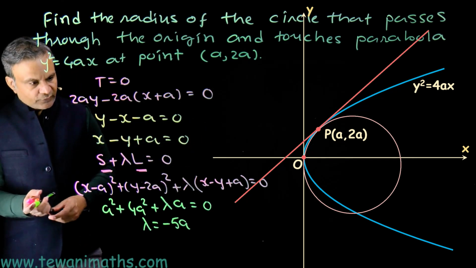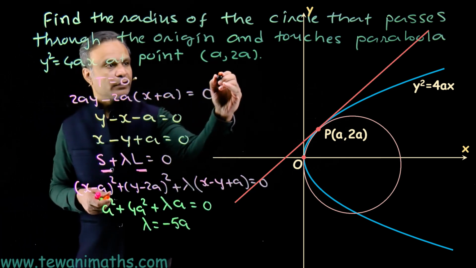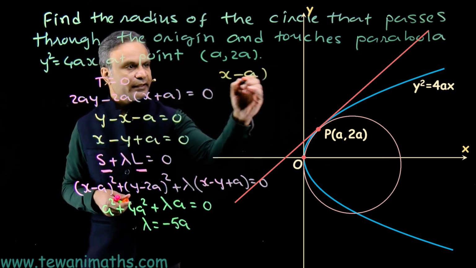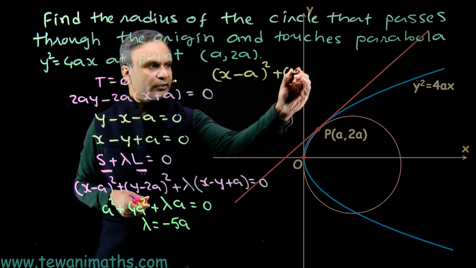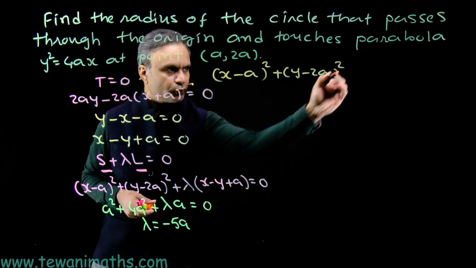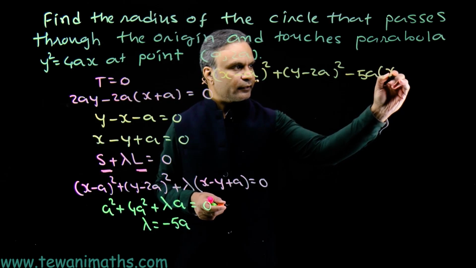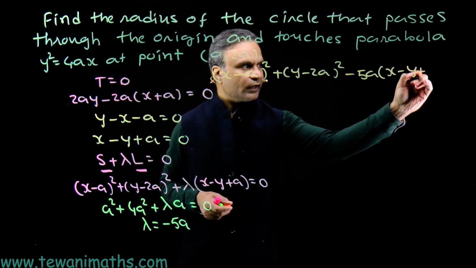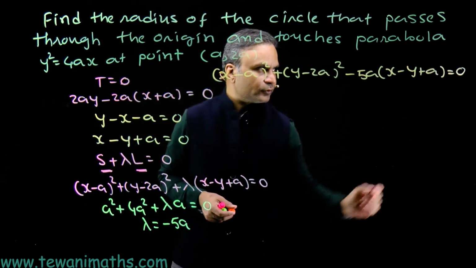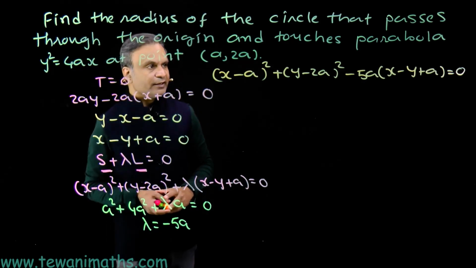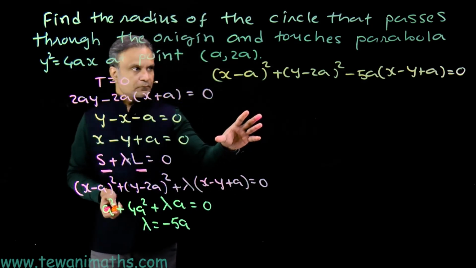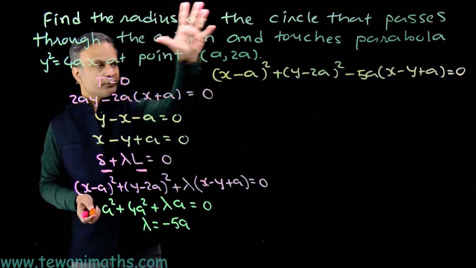Equation will be x minus a whole square plus y minus 2a whole square minus 5a into x minus y plus a is equal to 0. So this is equation of required circle.